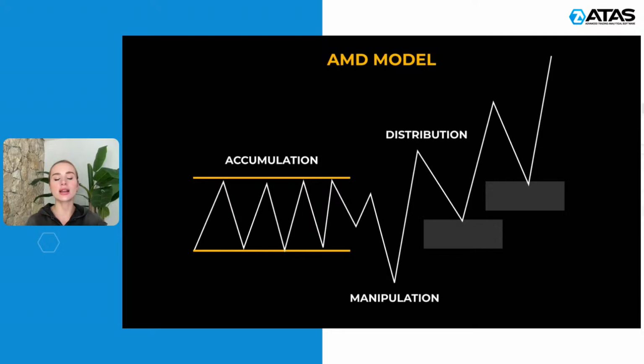Again, studies show that the market spends around 70% of the time in accumulation and only 10 to 30%, depending on the market, in the actual trending movement. So many of you have seen price sit in a range for weeks and then just move in a matter of hours or just a few days.